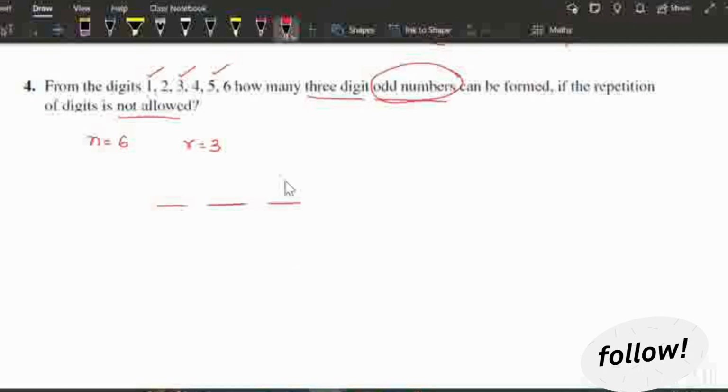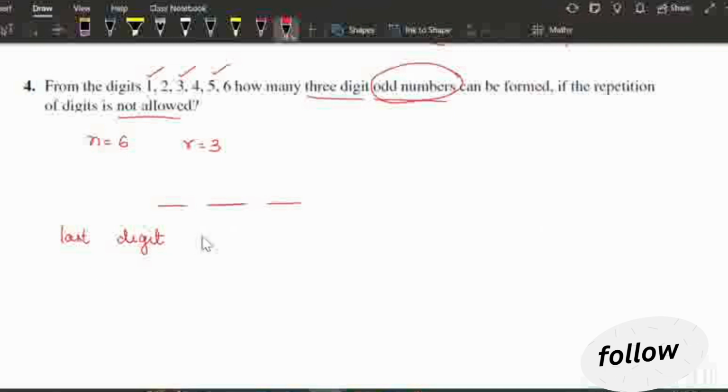Understood? So for the last digit, how many options do I have? Make sure you are representing the answers properly. So you have to specify that for this 3-digit number to be an odd number, the last digit must be an odd number.